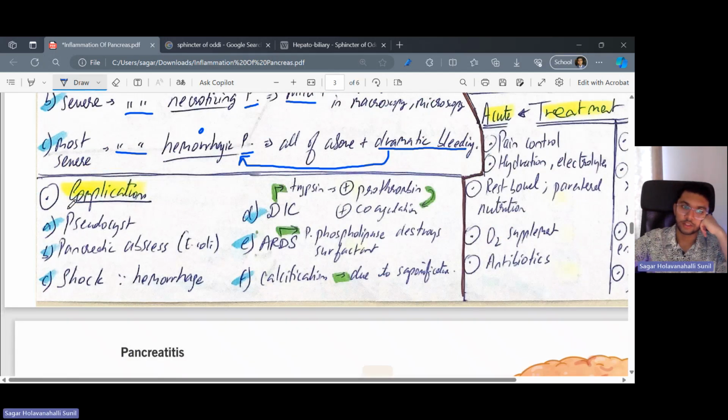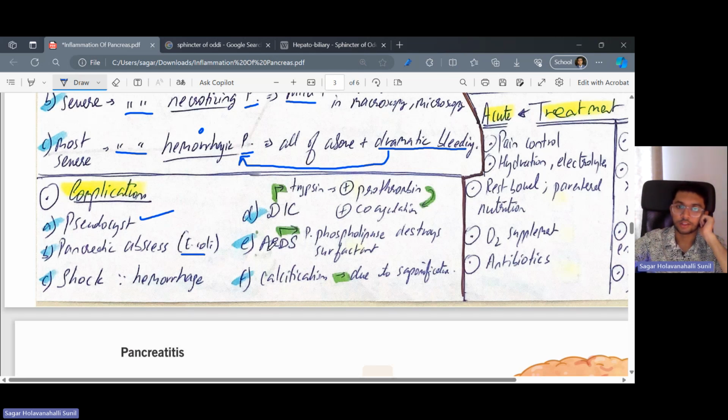Now let's go for the complications. So pseudocyst formation. Then the pancreatic pseudocysts and also just the necrotized tissue can form an abscess because of E. coli infection. There can also be shock because of hemorrhage. Trypsin usually activates prothrombin, which will then cause the coagulation cascade, and this will cause disseminated intravascular coagulation.